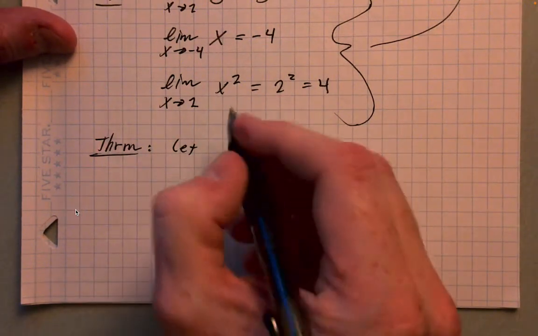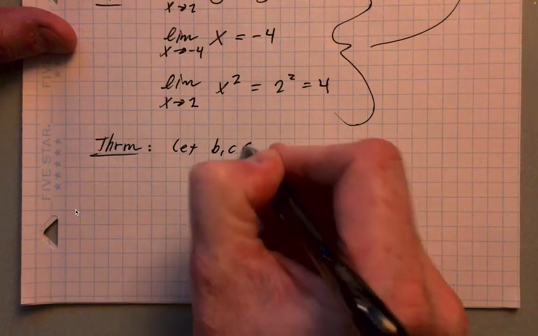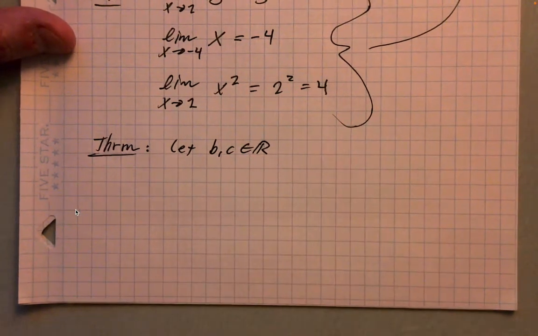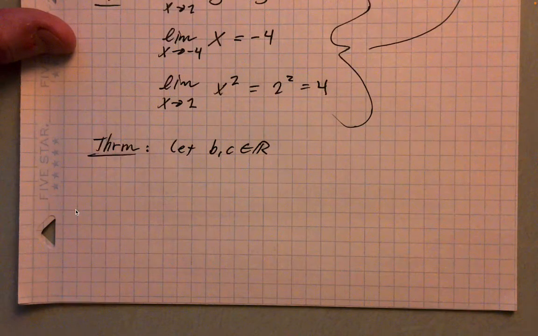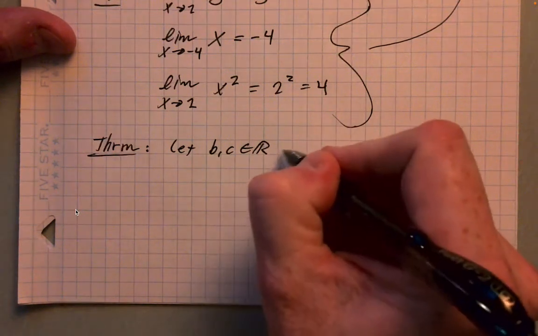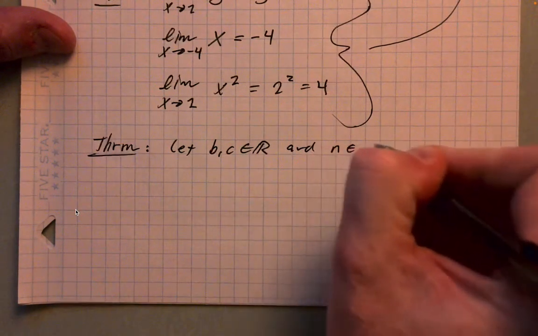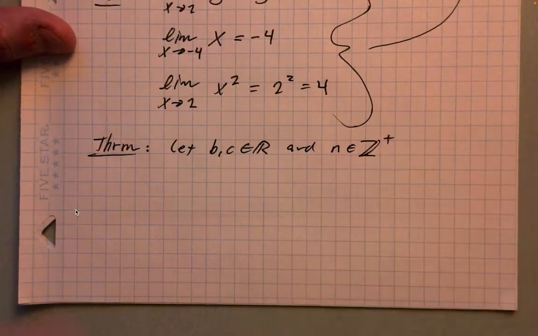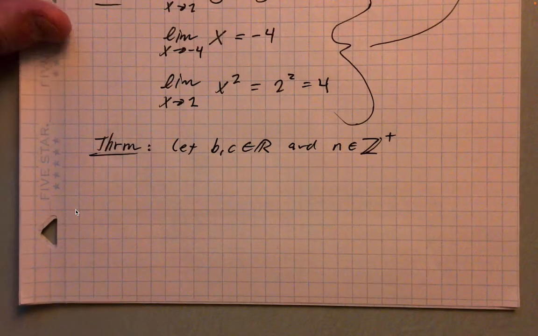Let b and c be real numbers. I'm just going to write it like this: b and c are numbers in the real number system, in R. And we'll let n be a positive integer.